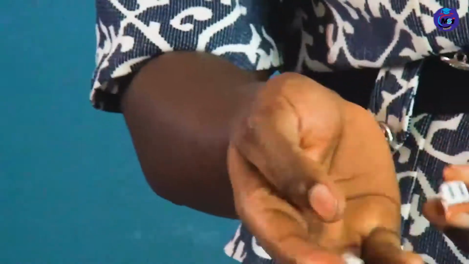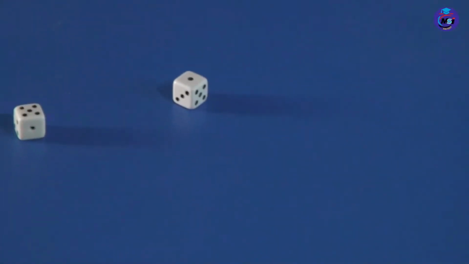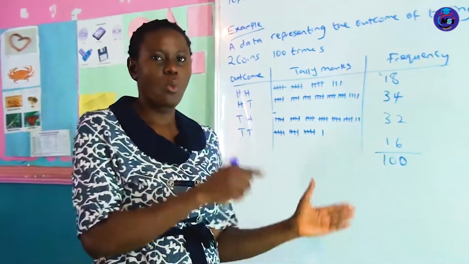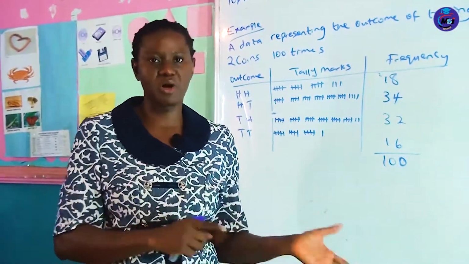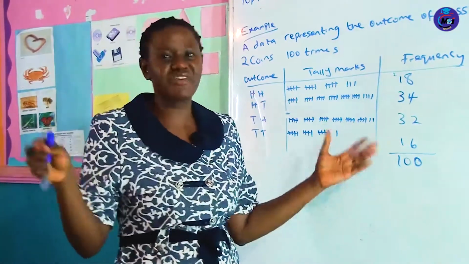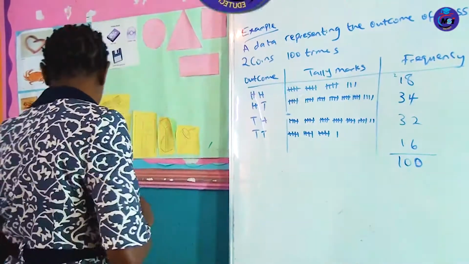So each time I throw two dice, I can either have 1, 1, 1, 2, 1, 3, 1, 4, 1, 5, 1, 6, or 2, 1, 2, 2, like that. So I have different options. So let's take an example on that.